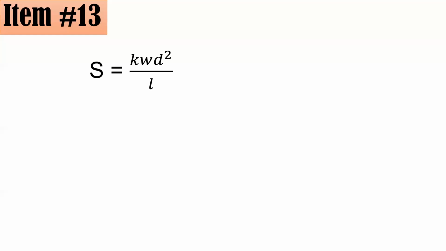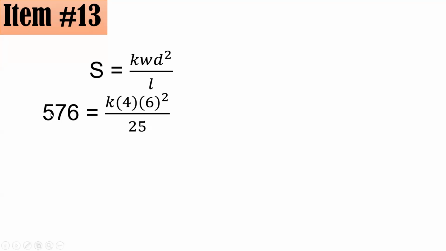So, meron po tayong first set of given kanina, di ba? Sabi kanina sa problem, safe load niya 576 when the width is 4, the depth is 6, and the length is 25. That's why nagkaroon po tayo ng ganyang equation. Take note po ha, marami pong ways upang isolve ito. I will only present one way for brevity po muna.